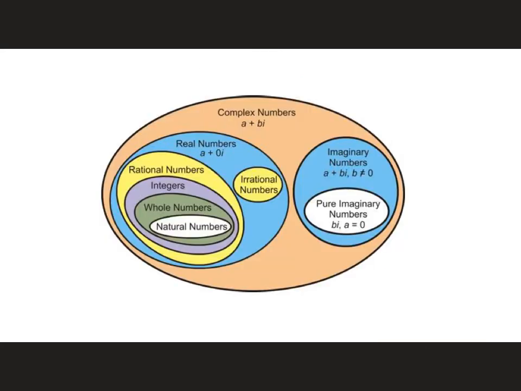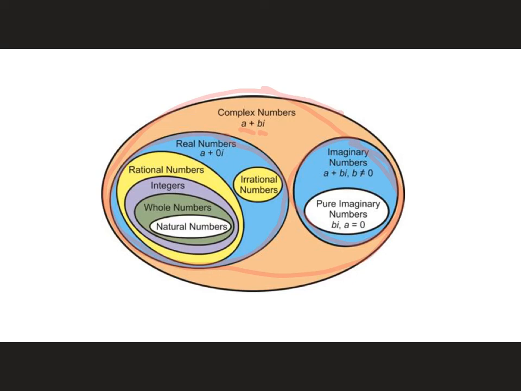So to summarize this entire lesson on the number system, what I wanted you to get at the end of this lesson is that I've introduced you to the complex number system, and inside the complex number system we have a real part that consists of real numbers and an imaginary part, which consists of imaginary numbers.